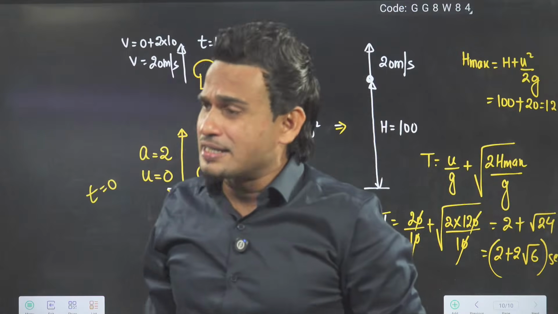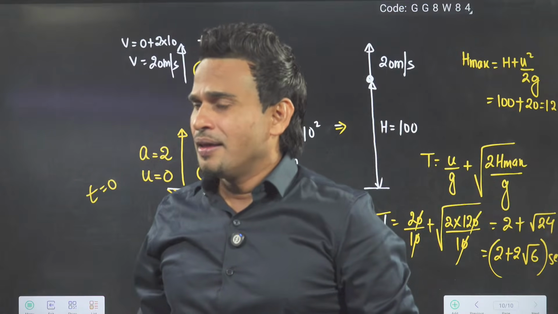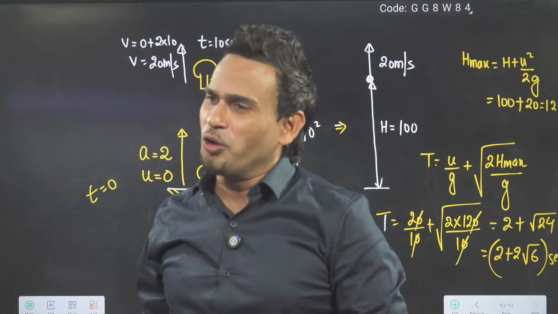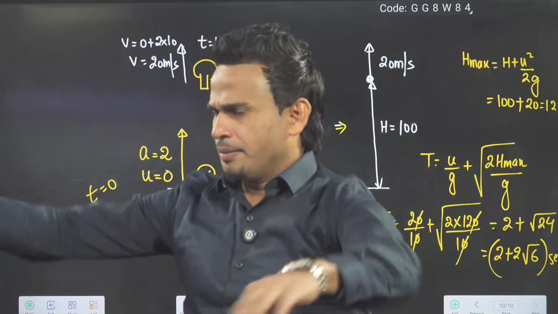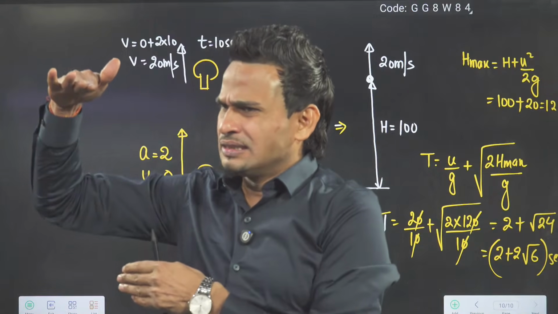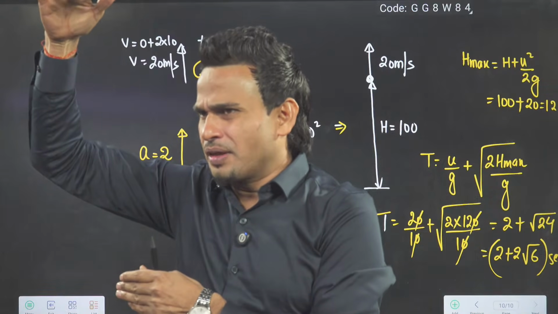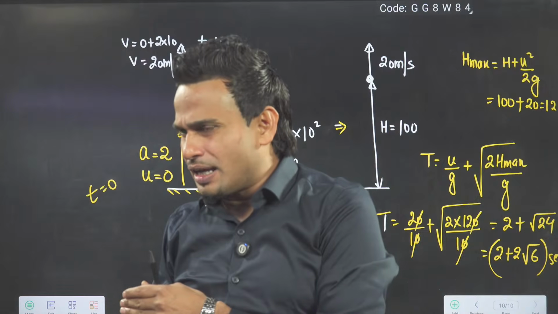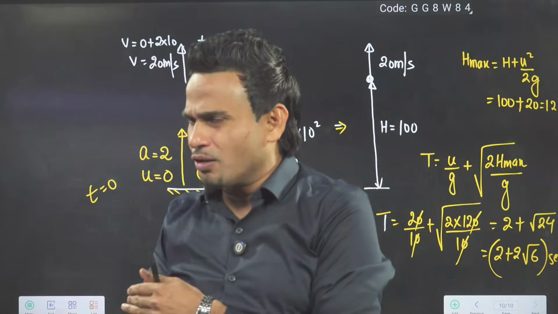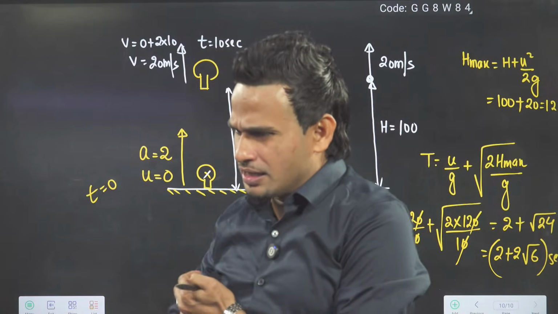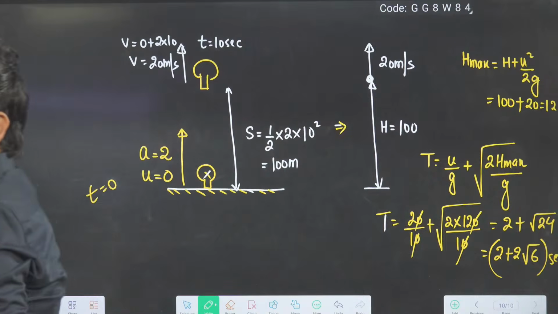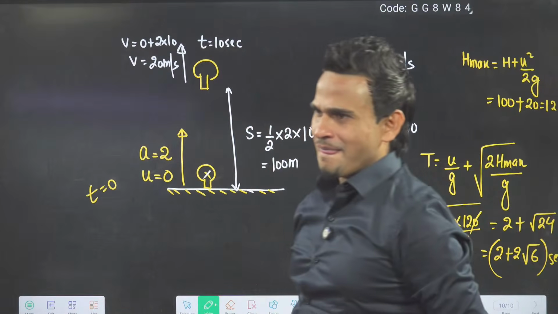You may write it like that, no problem, but there is no need to. From the starting point to the top is 20, and from the top to the ground is 120. So 120 plus 20, the length of the path will come to 140. That is the distance. Is it okay?